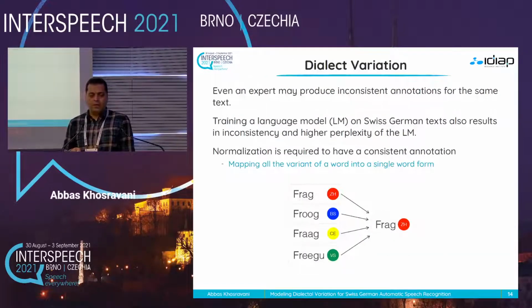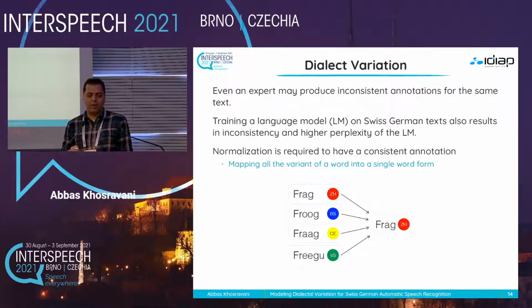Okay, dialect variation. Even the expert linguists could provide different writing for words, so it's not consistent. Training a language model on Swiss German text will result in inconsistency and high perplexity. So in this case, normalization is required.